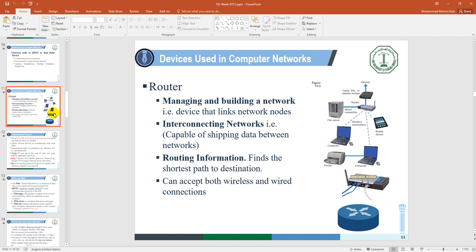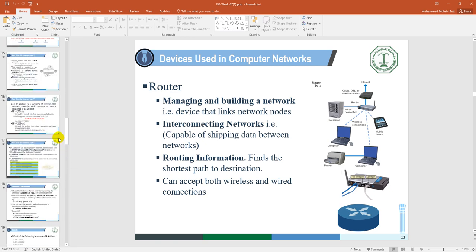We saw a very important device in computer networks, that was the router. It was responsible for managing and creating networks and interconnecting them, and also responsible for routing the information or finding the shortest path to the destinations.